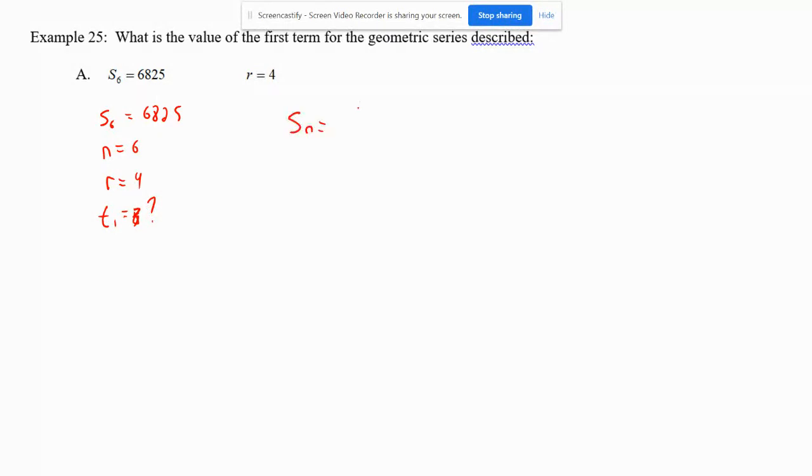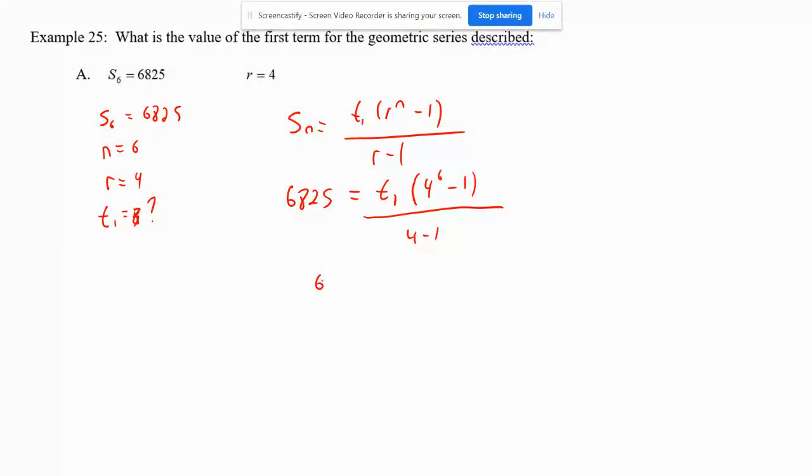So Sn equals T1 times (R to the N minus 1) over R minus 1. So let's plug in these values. We get 6,825 equals T1, that's what we're looking for, times (4 to the 6th minus 1) over (4 minus 1). Now, 4 to the 6th minus 1 is 4,095 over 3.